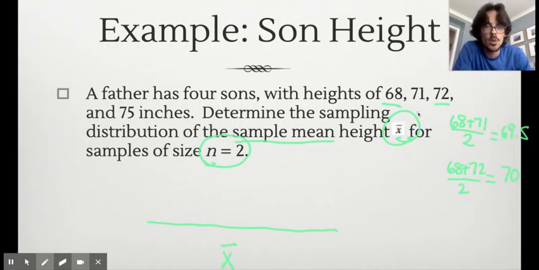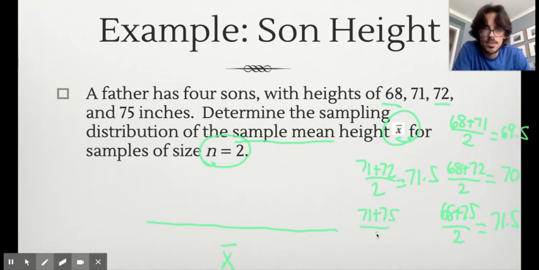And then our next friend would come over. They picked the 68 and the 75, and that I think is 71.5 if you find the average. Then we got somebody else who comes away with 71 and 72. They're like, oh, it's 71.5. We got 71 and 75. They think it's 73.